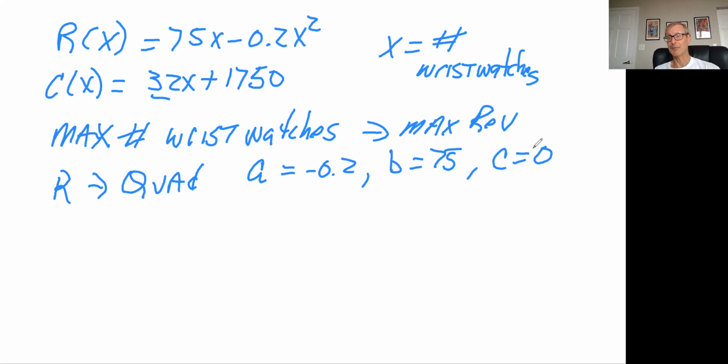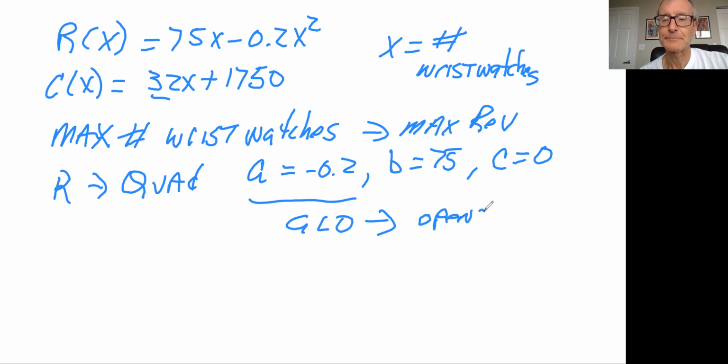Our y-intercept is 0, which makes sense in a revenue equation because if you sell 0 of something, the wristwatch, you're not going to make any money. So that would be 0 revenue for 0 wristwatches. So the a value is negative. It opens down, right? So it would look like that.